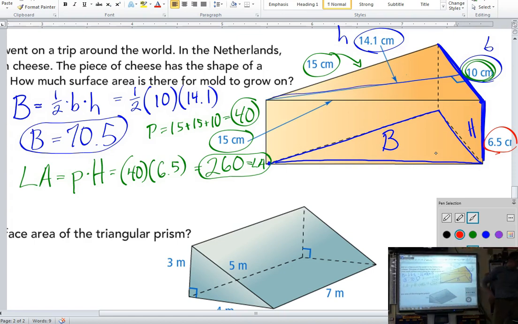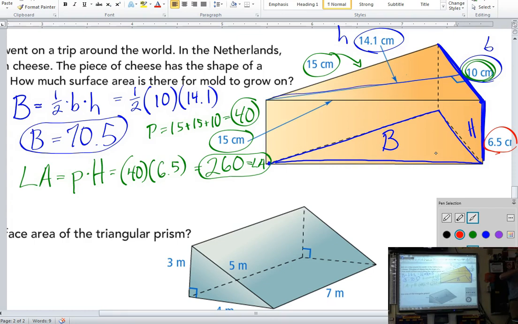When I look at my triangular prism, with triangle on bottom, triangle on top, and side faces, lateral area takes the prism, unfolds it, and the perimeter is the distance all the way around the triangle. When I unfold it, it becomes the length of the rectangle. The height is the distance between the two triangles. Are you cool with that?